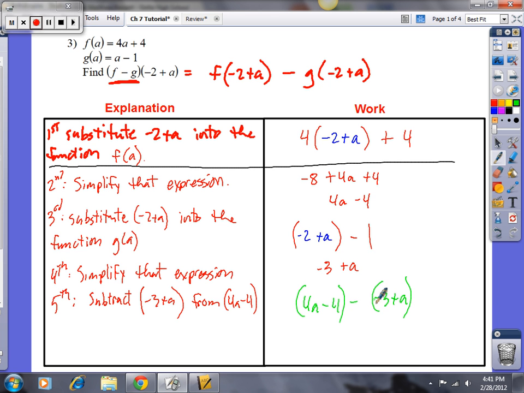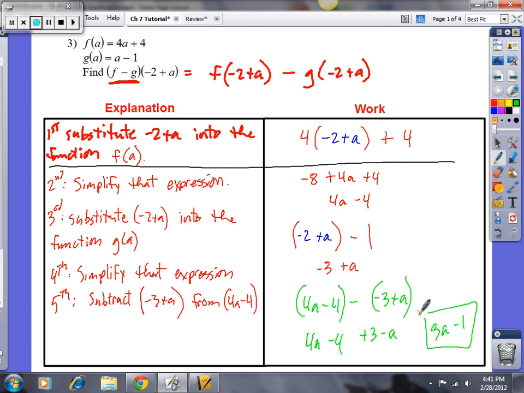If you subtract a negative 3, that's the same as adding 3. And if you subtract a, it should look like this. Then 4a minus 4 plus 3 minus a, combine your like terms, and what are you going to end up with? 3a minus 1.